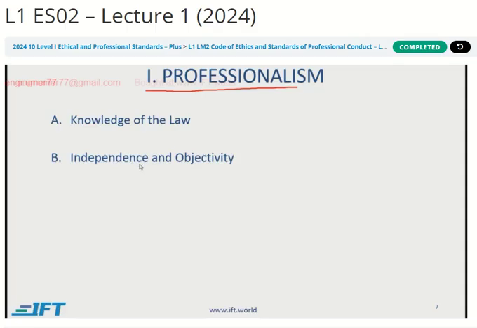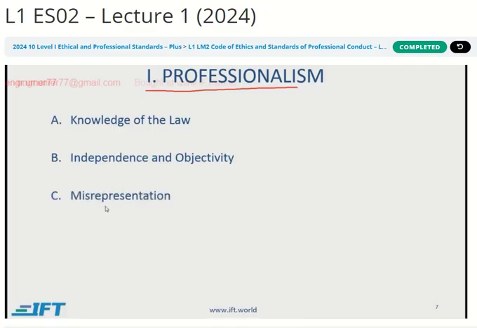1B is independence and objectivity. Essentially, this means that you must maintain independence and objectivity in your professional activities. You must not offer, solicit, or accept any gift, benefit, compensation, or consideration that reasonably could be expected to compromise your independence and objectivity or someone else's independence and objectivity.